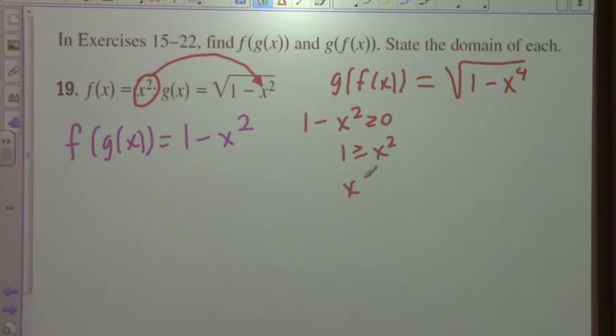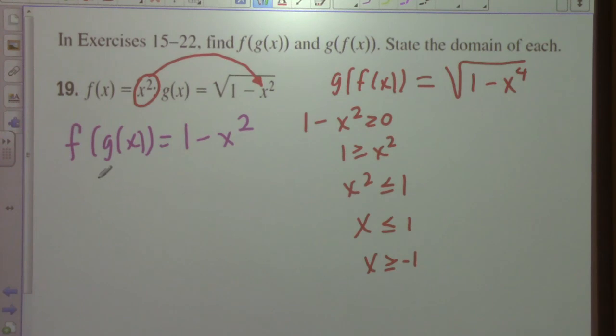Or alternatively, x squared is less than or equal to 1. So x is going to be less than or equal to 1, and what else? x is greater than or equal to negative 1.